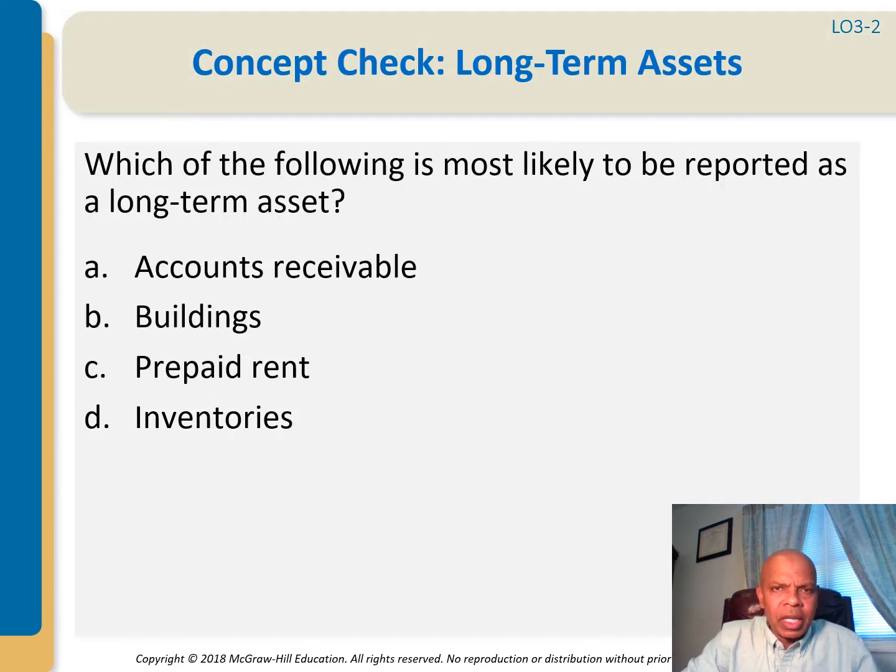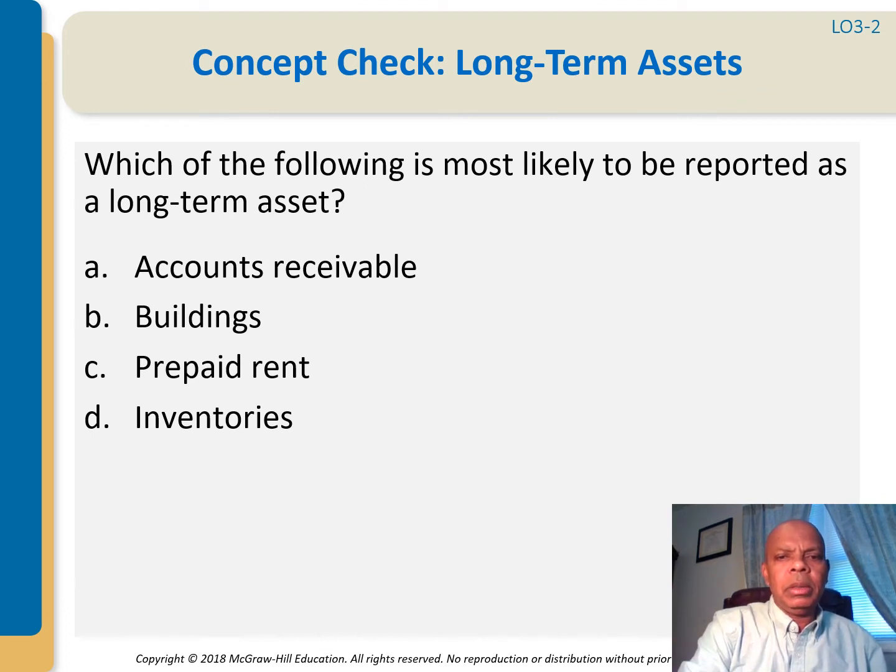The concept check on long-term assets. Which of the following is most likely to be reported as a long-term asset? Accounts receivable, we know that it's not a long-term asset, right? It's a current asset. Building? How about prepaid rent? How about inventory?